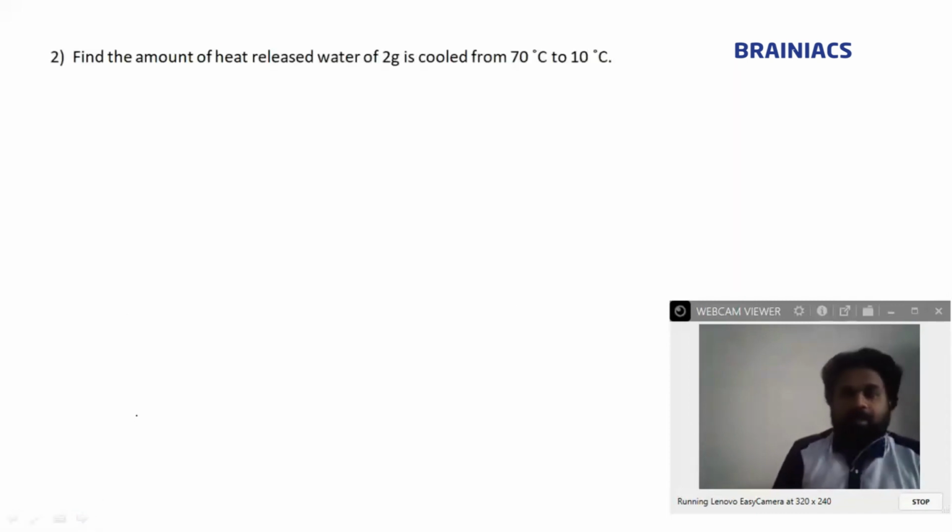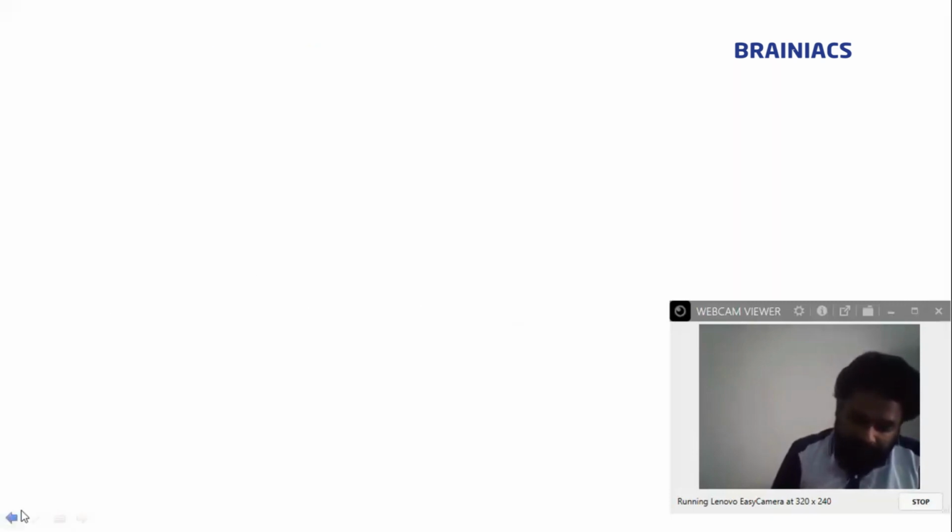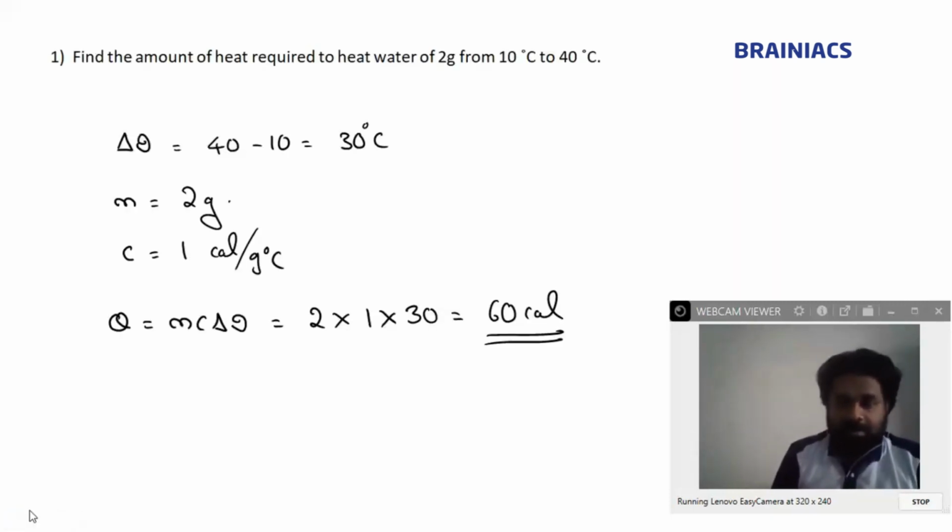Next question. Find the amount of heat released. In the previous question, suppose the options or answers are in joule, then how to convert this into joule?